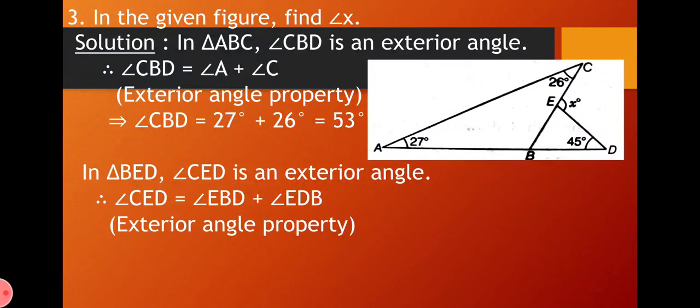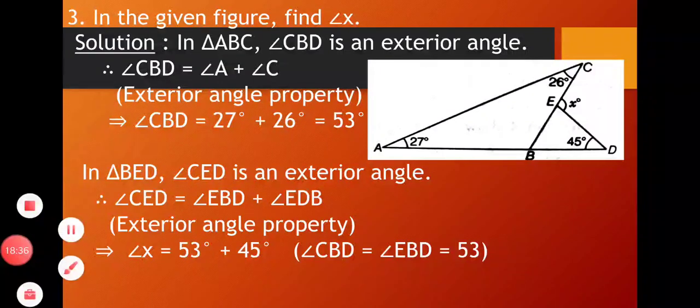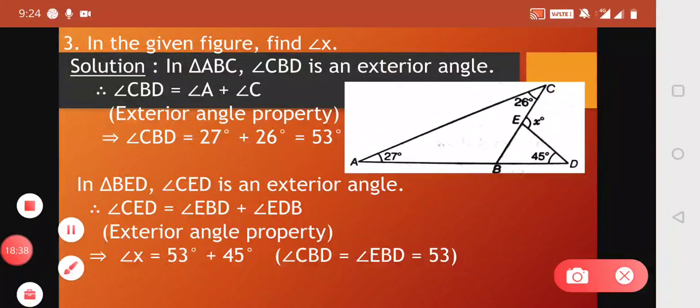Now putting the values of the angles, we get angle X equal to 53 degree. Why 53 degree have we written? EBD is not given in the figure, but ahead we have found out that angle CBD is equal to 53 degree.